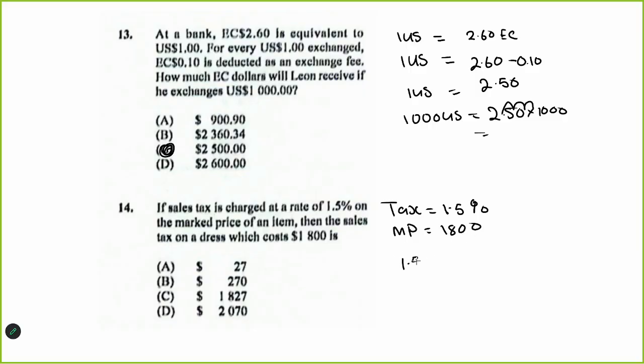So 1.5 over 100 multiplied by 1,800 over 1, crosses off, you'll get 18 times 1.5. Just remove the decimal point for now, so that's 18 times 15, which is how many tens? 1 ten, so that is 18 times 10 is 180, and then 18 times how many ones? 5 ones. 8 5s are 40, 1 5 is 5 plus 4 is 9.